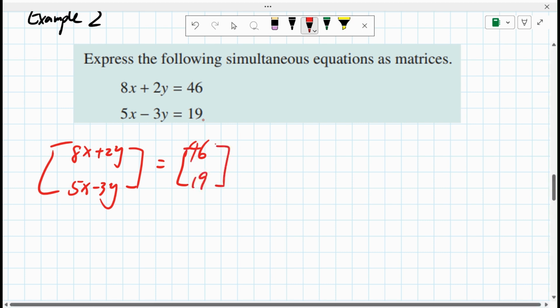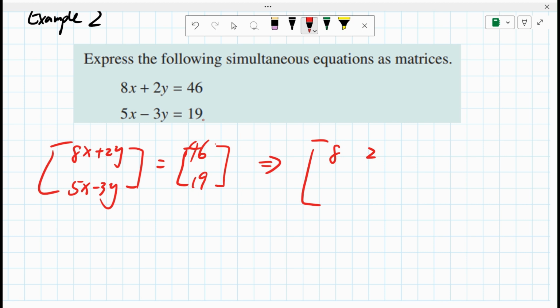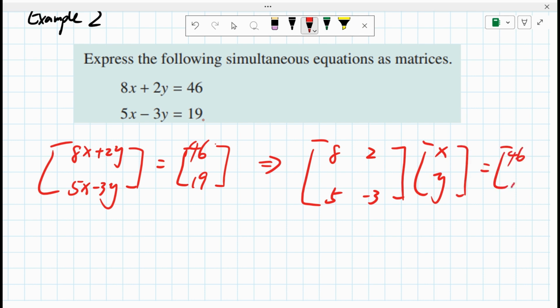Then we can transfer this to the matrix 8, 2, 5, negative 3, times x and y, equal to 46 and 19.